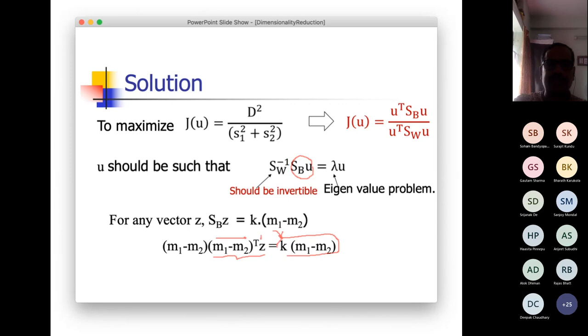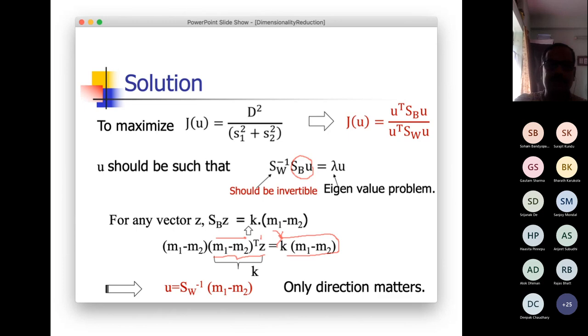So which shows that your solution is something like this. So U is SW inverse m1 minus m2. That would be your solution because you have already represented it in this form. Here, of course, only direction matters, so that's why you are not considering the value of k.